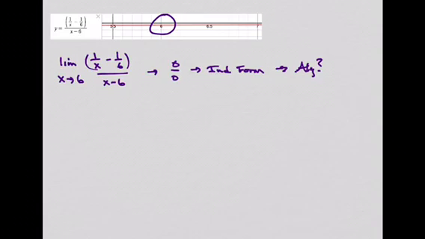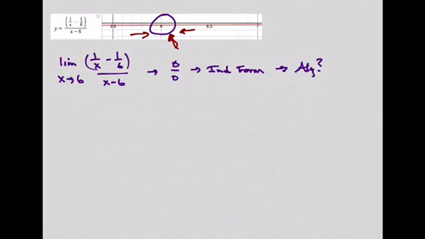As you can see on the graph up here, I'm looking at the value 6, okay? It certainly looks like the graph is approaching, as x approaches 6, some y value. And I don't know what that y value is yet, but it looks like it is getting to some number. So the question becomes, what am I going to do when I have these kinds of problems?